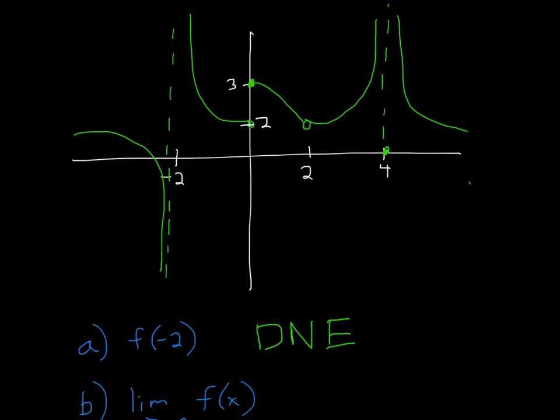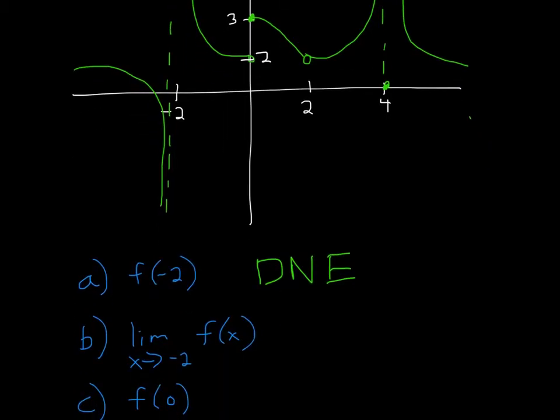Therefore, you say it's negative infinity. Here, once again, it's approaching negative 2, but it never actually approaches a y number, so it's going to positive infinity. From the left, it's negative infinity. From the right, it's positive infinity. Therefore, this limit does not exist.